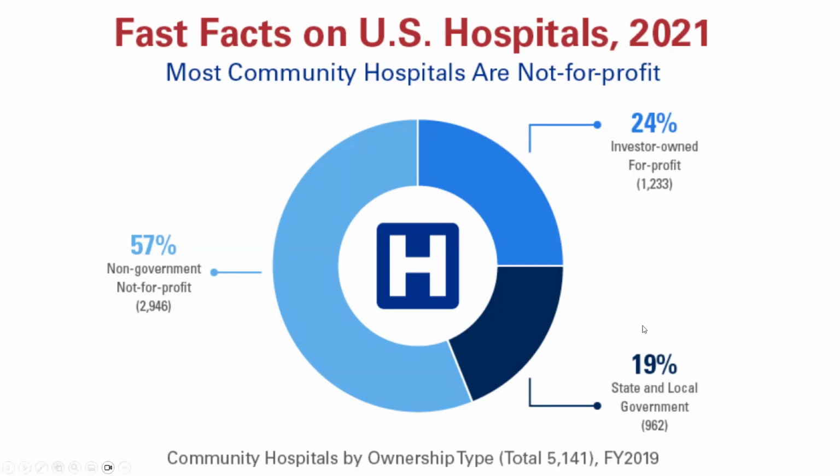Okay. And so then we have 19%, about a fifth of hospitals, that are state and local government owned. Like the New Hampshire State Hospital, it's a psychiatric hospital, not a community hospital, but that's an example of an organization that's owned and operated by the state.